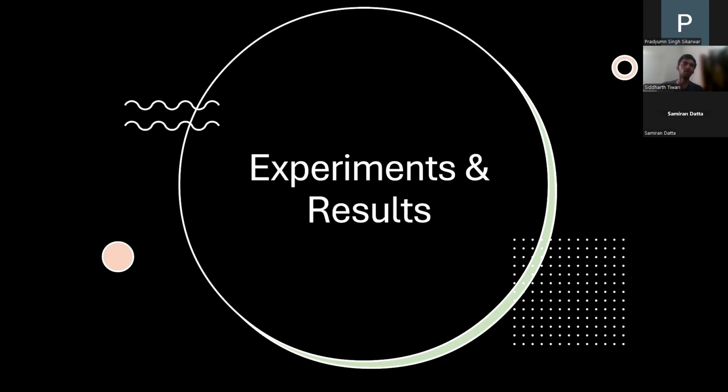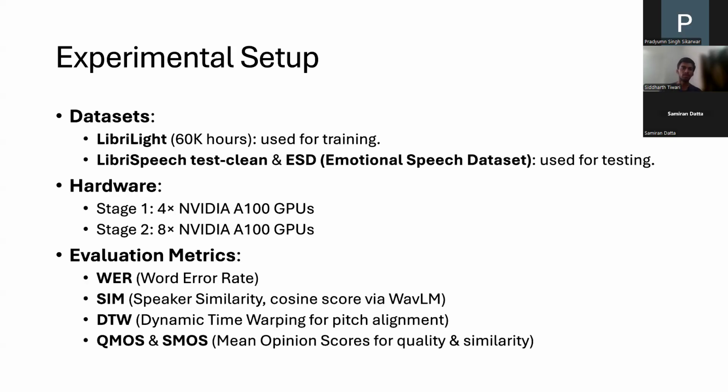Now we will look at the experimental setup. The authors designed the experiment and first created the training data. They trained all their models on the LibriLite dataset, which consists of about 60,000 hours of unlabeled speech from LibriVox audiobooks, and all the samples were at 16 kilohertz.